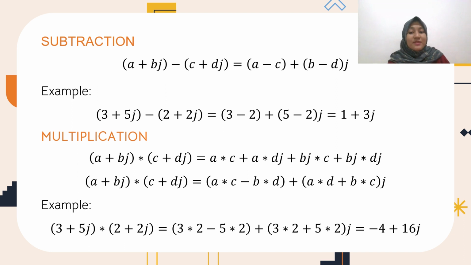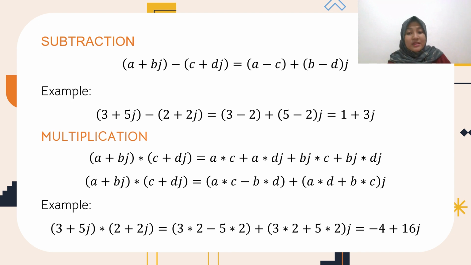The next one is multiplication. The equation of the multiplication is (a plus bi) times (c plus di) equals a times c plus a times di plus bi times c plus bi times di. And we will get (a times c minus b times d) plus (a times d plus b times c) times i.